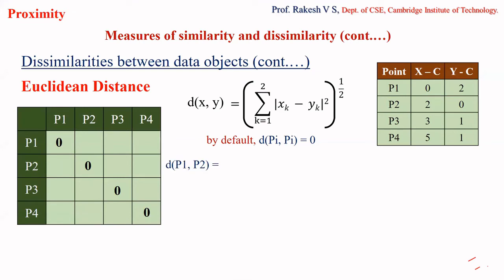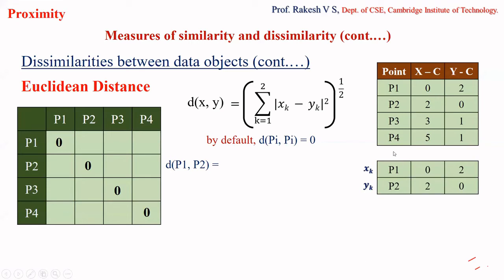The table that I'm going to consider is P1 value 0, 2, P2 value 2, 0. P1 will be my xk and P2 will be my yk. So it is the square root of (0 minus 2) whole square plus (2 minus 0) whole square, which is nothing but 2.8.